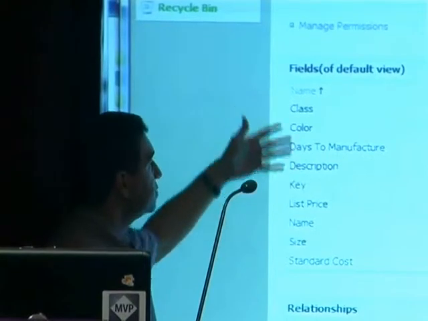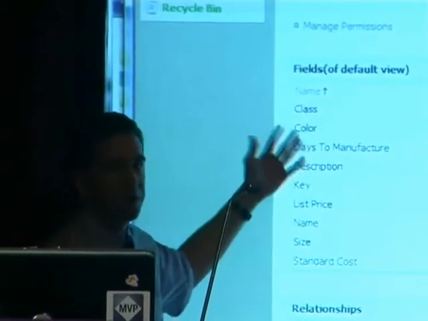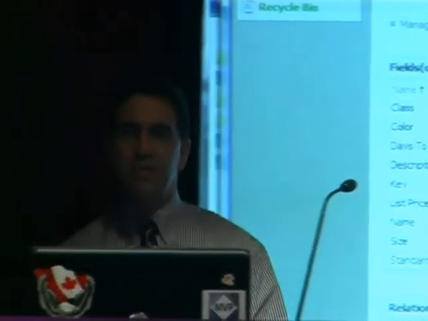Not too much that's interesting, but here are the fields that we had exposed from that external data source. Also down here, I can see the relationship defined, that there are relationships to product category and subcategory.